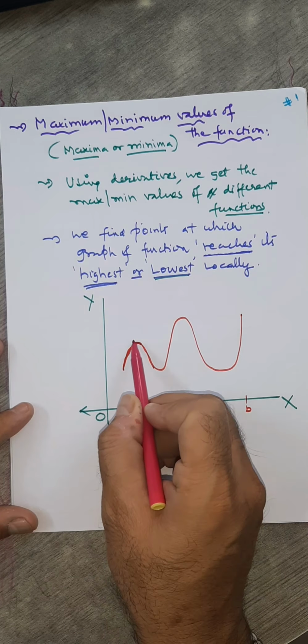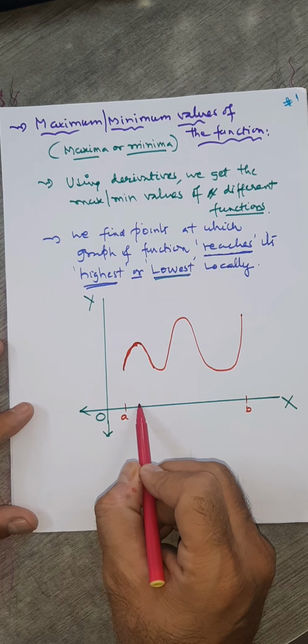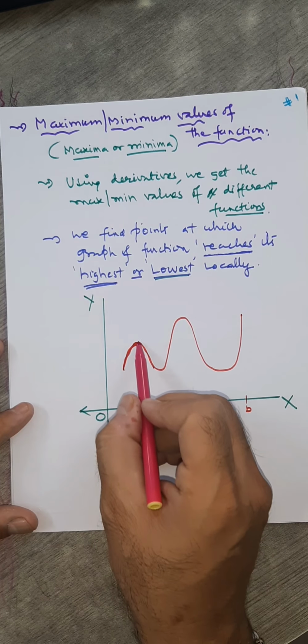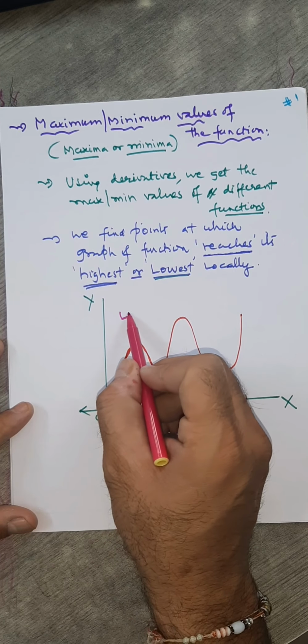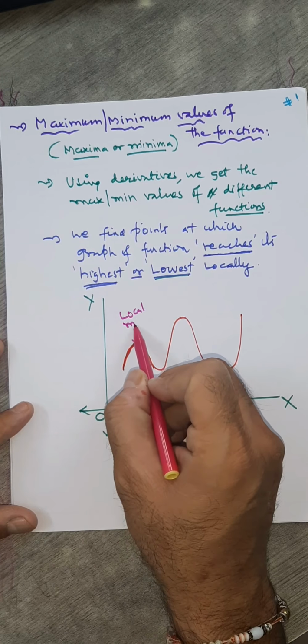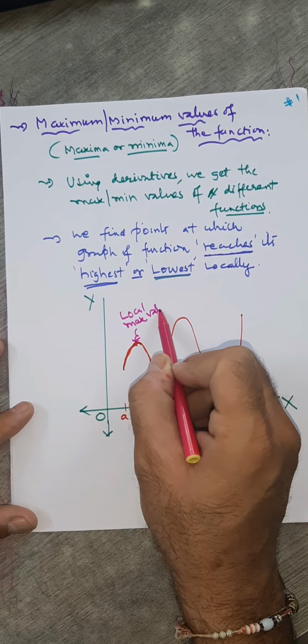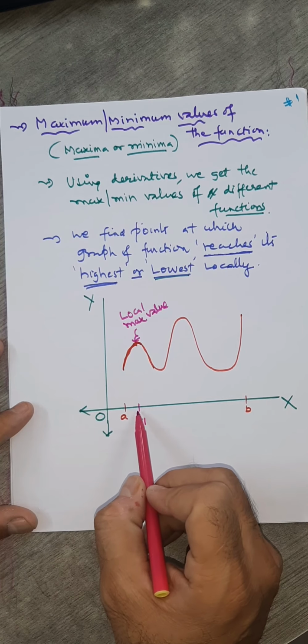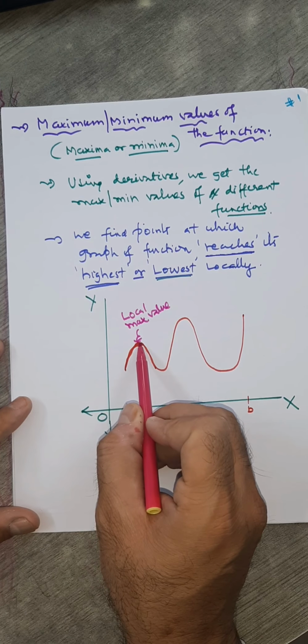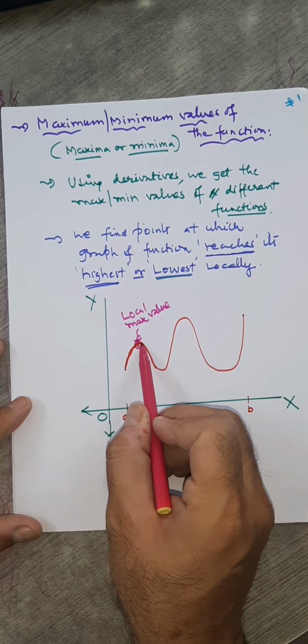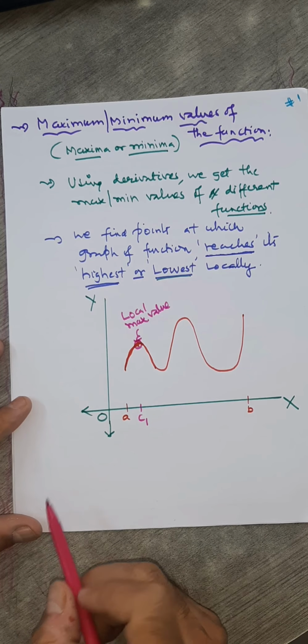In small portion it attains the highest value. So if I call this C1 here, then at C1 function has the highest value. So we call this local maximum value. Where? At C1. And how do you find the local maximum value? By finding f of C1.